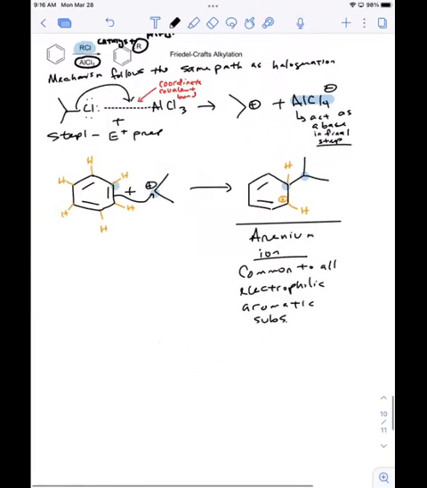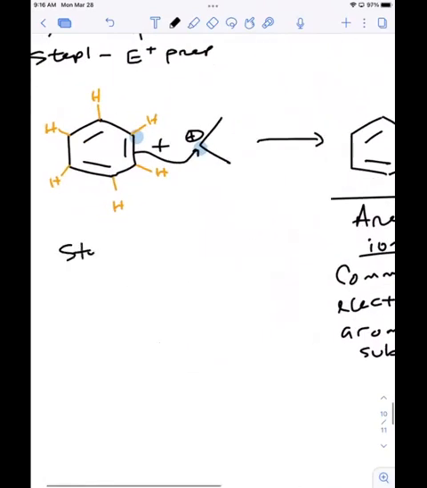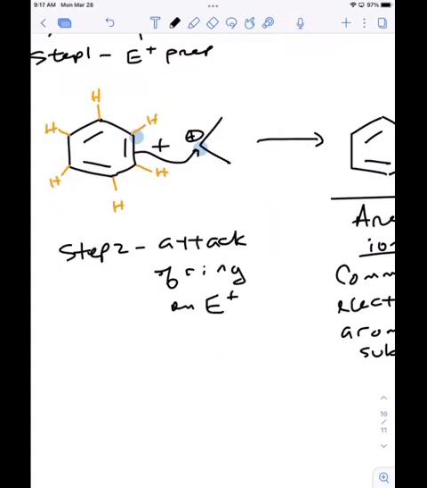All right, so this is step 2. So the attack of the ring on the electrophile is the second step.